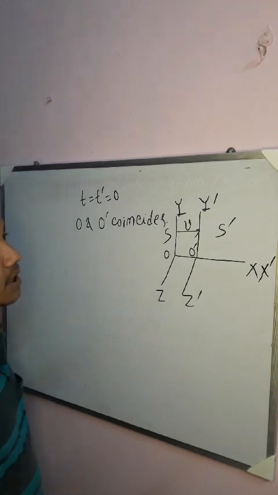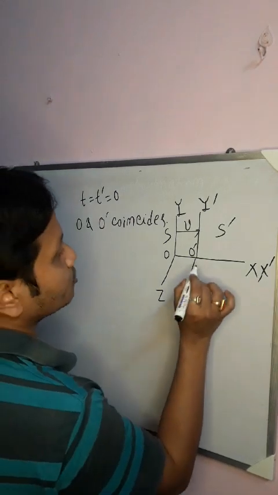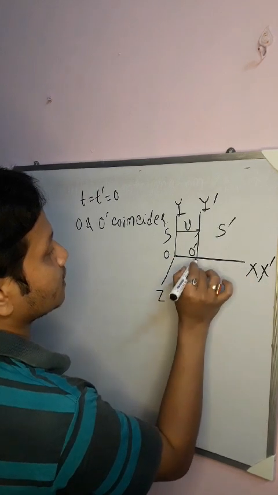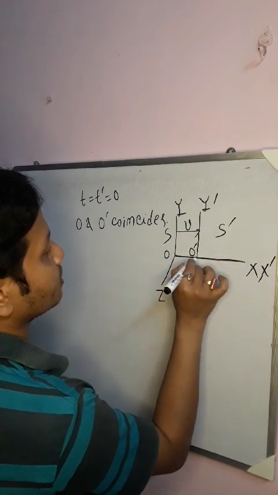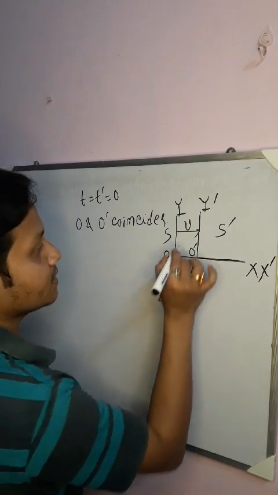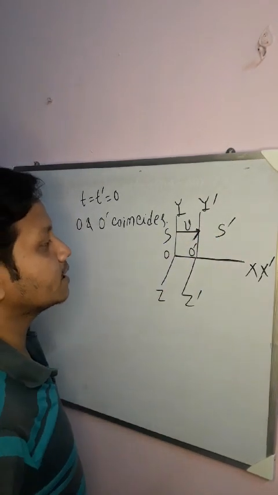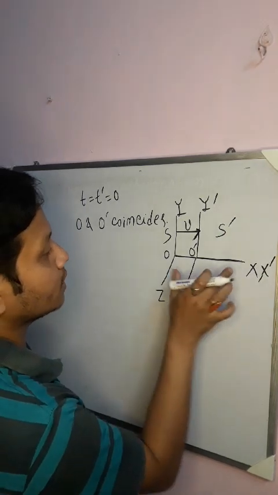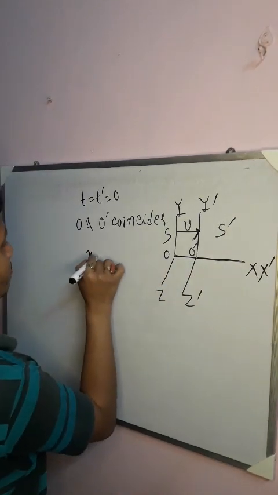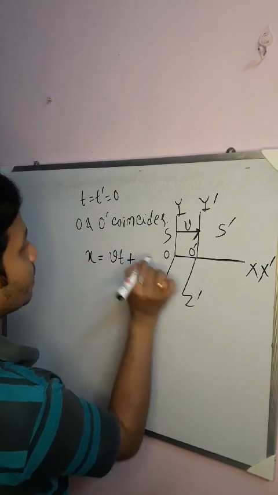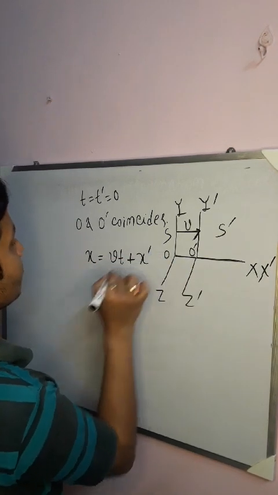So what happens after a time t? Say this is X and this is X dash and this is V. After a time t, the frame S dash moves here, so we can clearly write that X equals Vt plus X dash.